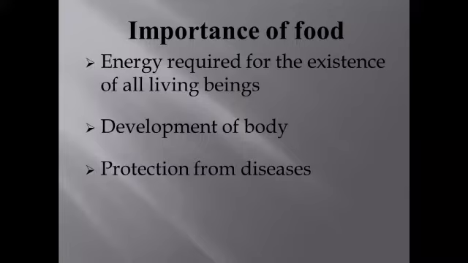The second point they are telling is development of the body. Development of body means udal valarchi, that is the meaning. For each and every age, we study about BMI, and in that BMI there are age categories. For those age categories, we need a proper BMI level.